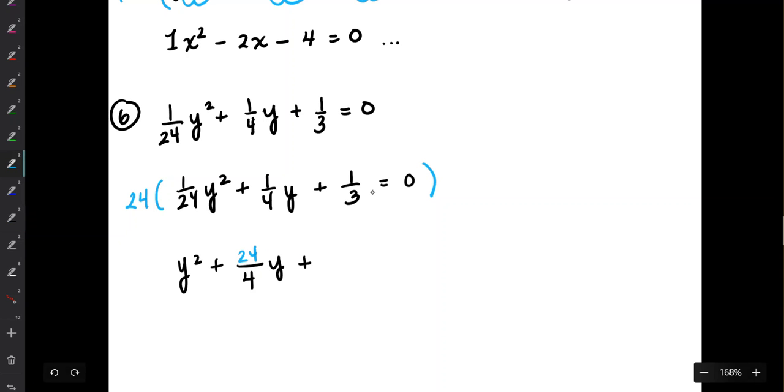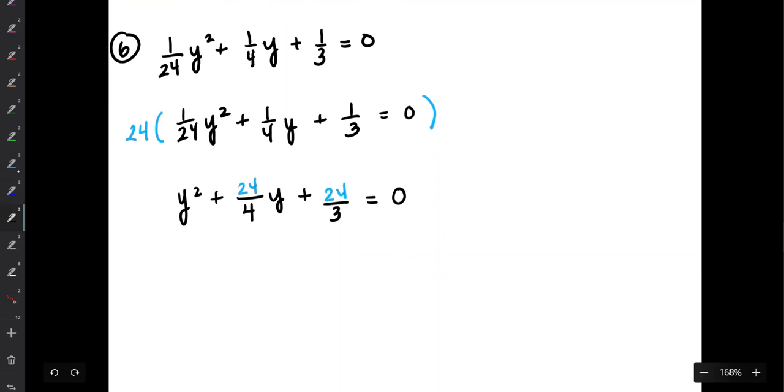And then 24 times a third, you multiply those fractions straight across, but you can go ahead and simplify those right away because 24 divided by 3, that's divisible. We're going to do that on the next line. And 24 times 0 is just 0.